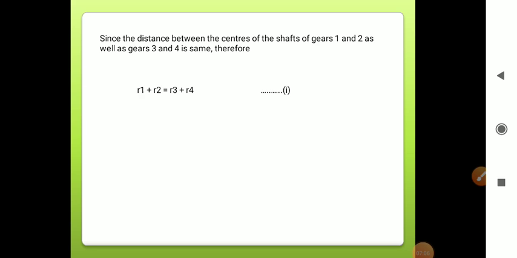Therefore we can say here r1 plus r2 is equal to r3 plus r4. This is equation number 1. Because both center distances are the same, that is, the center distance between gear 1 and gear 2, and the center distance between gear 3 and gear 4, we can directly state r1 plus r2 is equal to r3 plus r4.